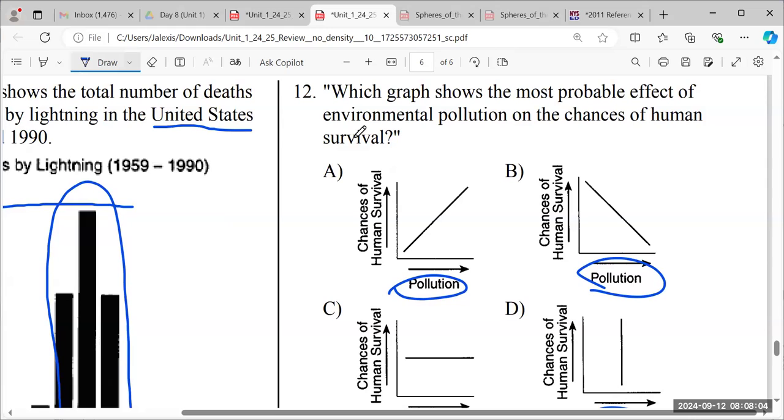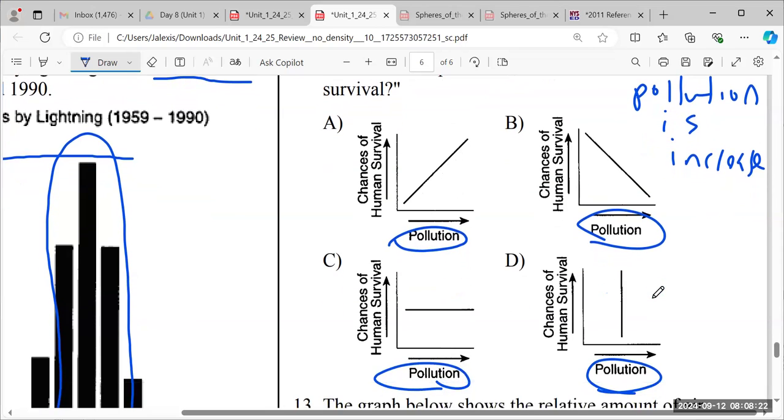If there's a variable on the x-axis, that means that it is increasing. So right now, all of these graphs are telling me that pollution is increasing.